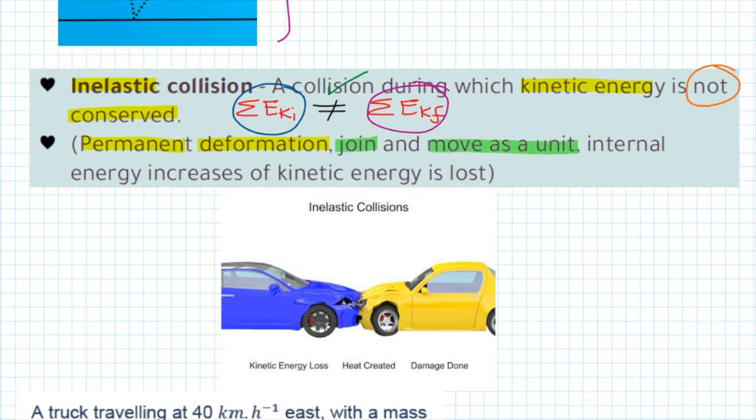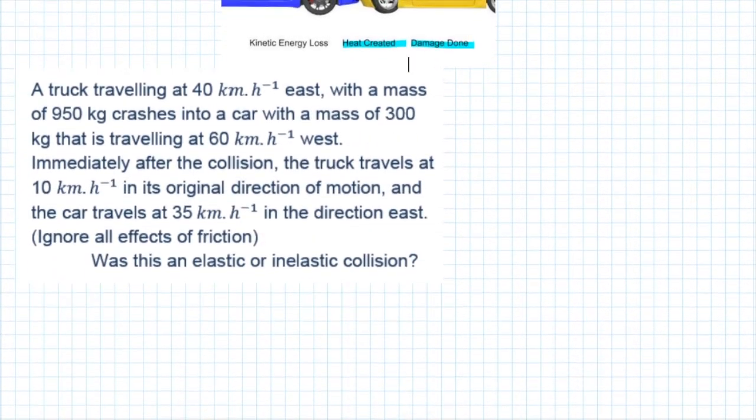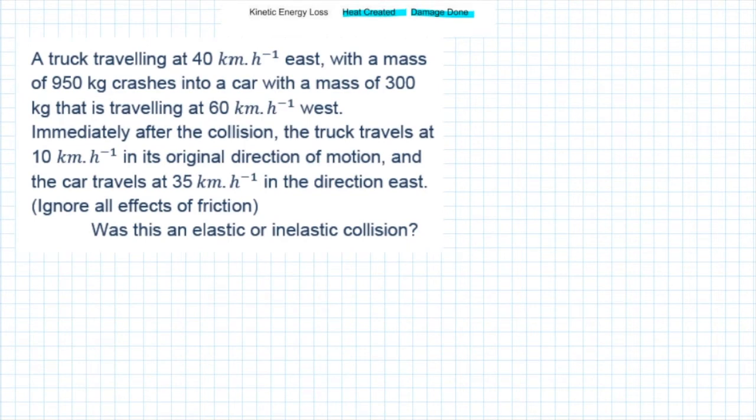We have an inelastic collision when the internal energy increases or changes, or we can say if the kinetic energy is lost. So if kinetic energy is lost in the form of heat or damage done, then we know that the collision is inelastic.